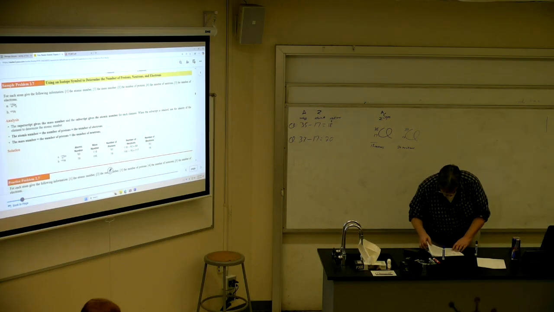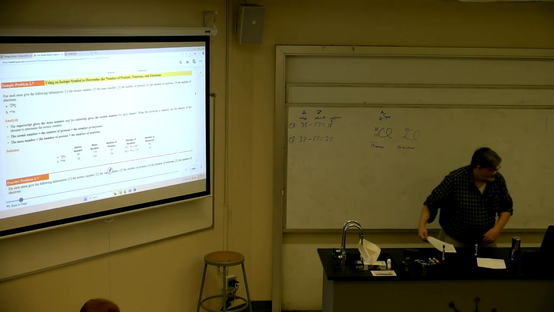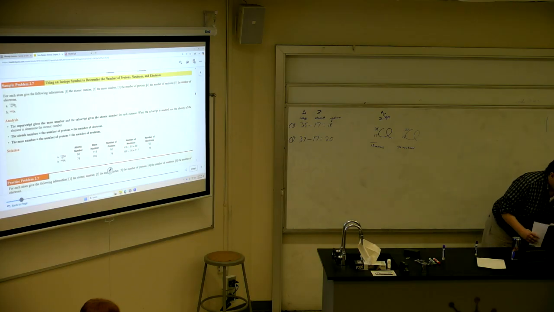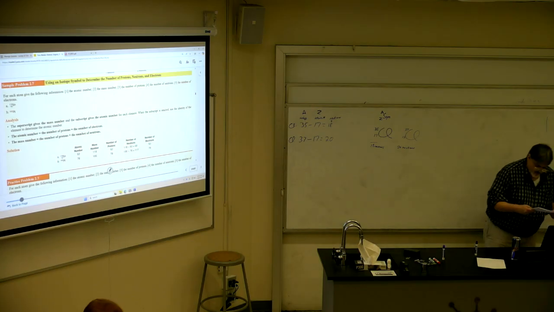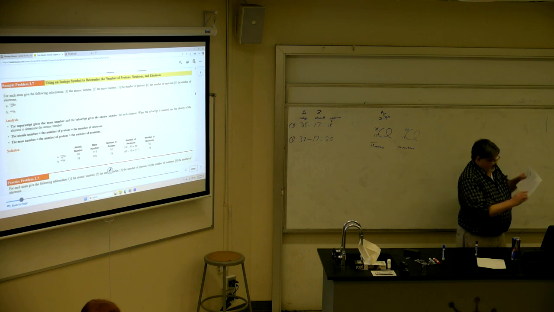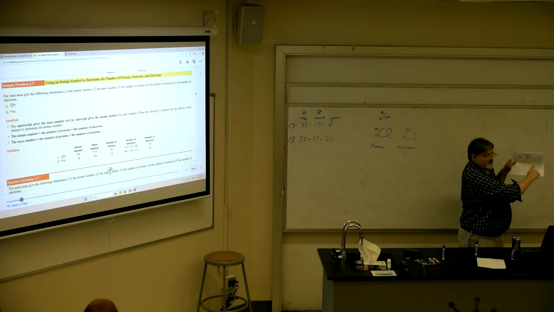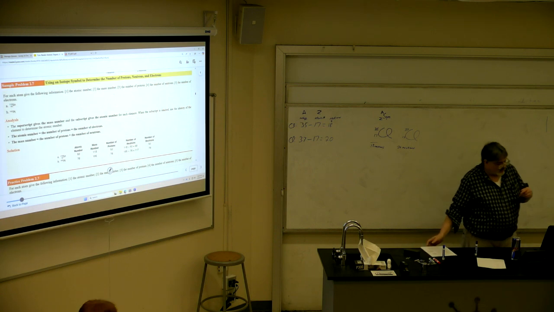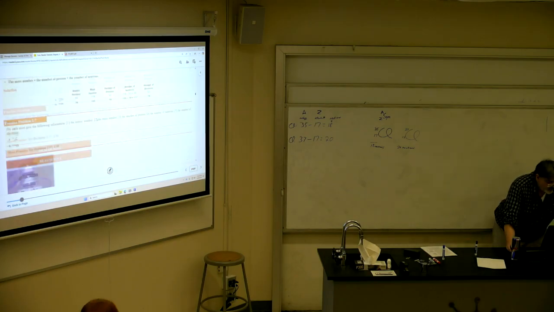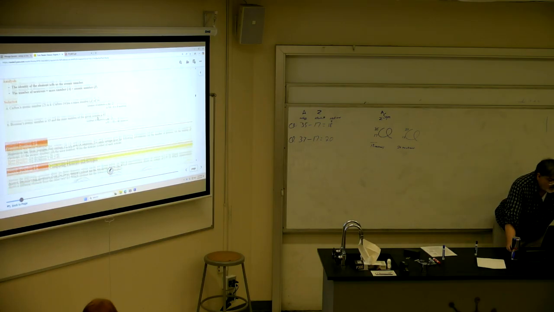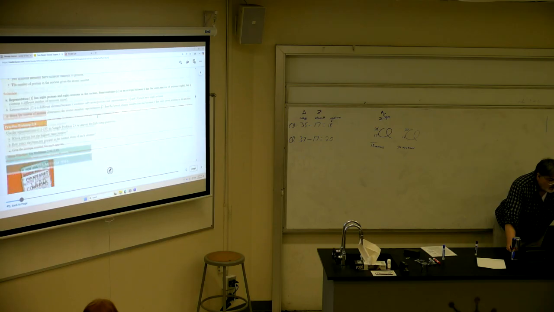Number of electrons will also be 50. And you can look that up on the periodic table: SN, it is right there, 50.